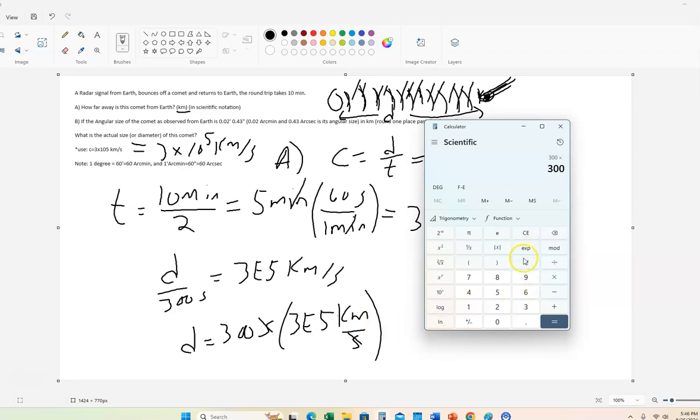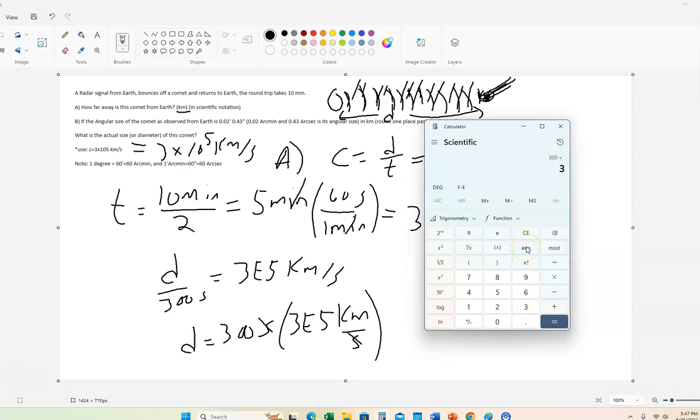It's really important to know how to enter scientific notation on your calculator. With this particular calculator, I use the EXP button. That's pretty typical for a Casio type calculator. If you have a Texas Instruments calculator, there's an EE button, usually two capital E's, and usually you have to hit a second button as well to get to the EE. So it's going to be 3.